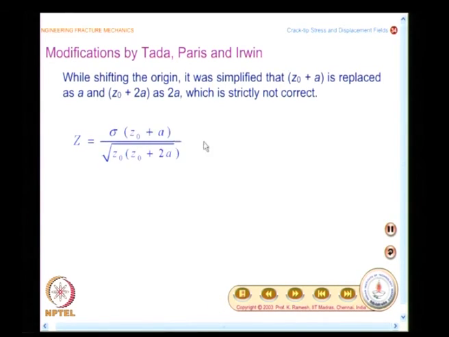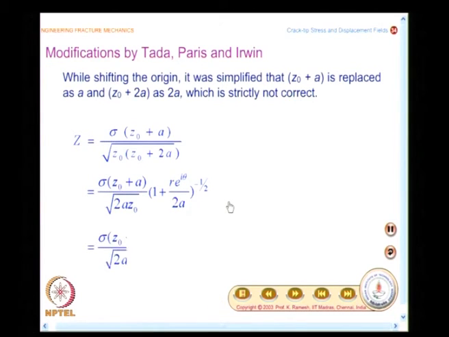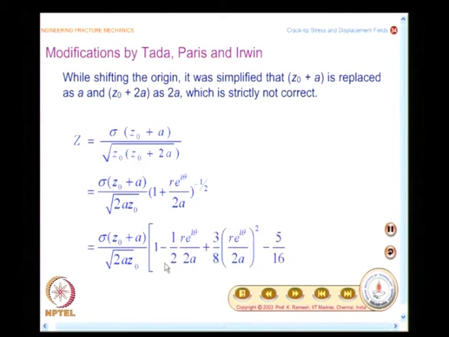Instead of taking it that way, you could express the denominator in terms of a binomial series, and you are getting a series solution. At least try to write the form of the solution, if not the complete solution, try to write the form of this binomial solution.